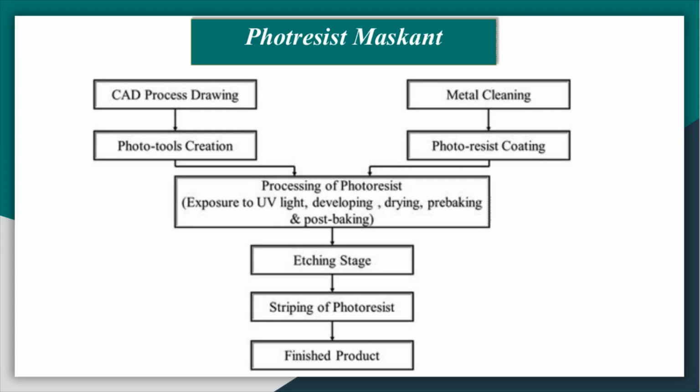Then we photograph the artwork and produce a reduced, highly accurate photographic master transparency. The alternative to this procedure is to use a laser pattern generator, which receives the design data from the CAD system and images, or produces, the features directly onto the photomaster film. Then the third operation: the part to be chemically machined is thoroughly cleaned to remove dirt and oxides.